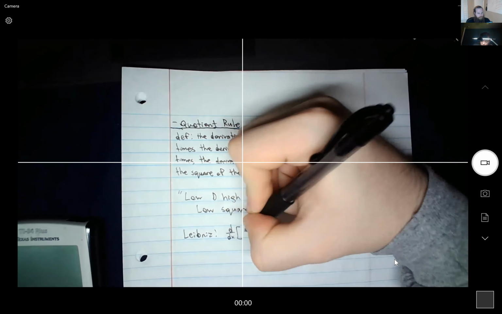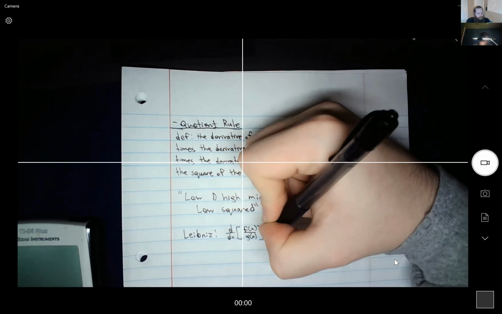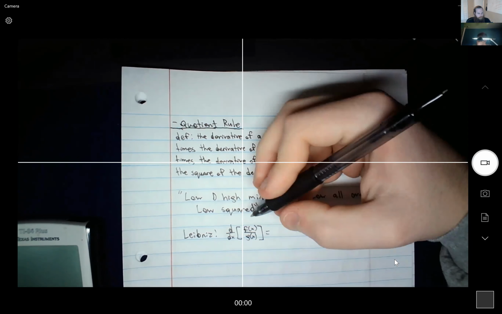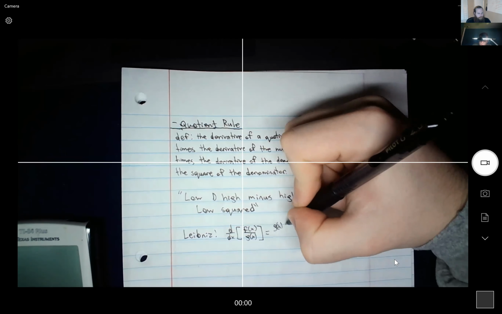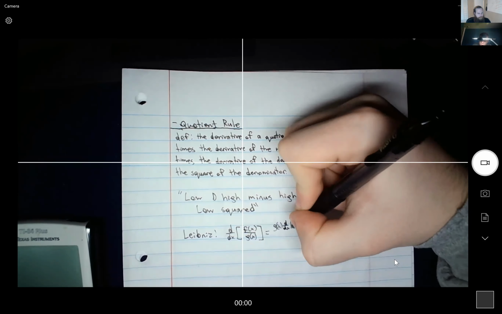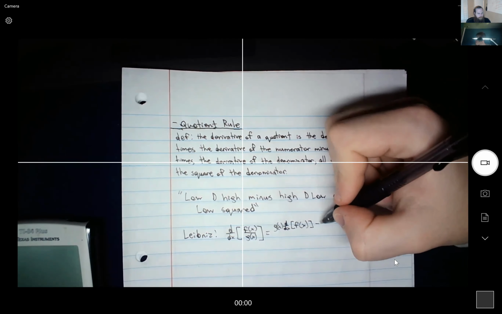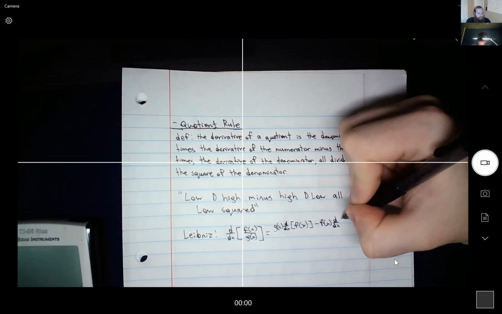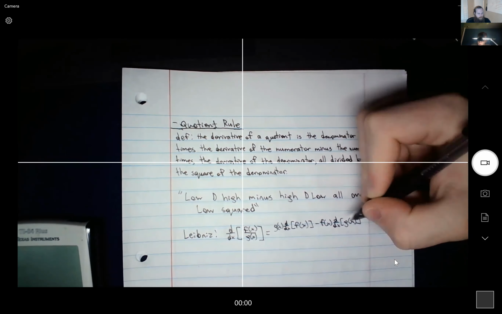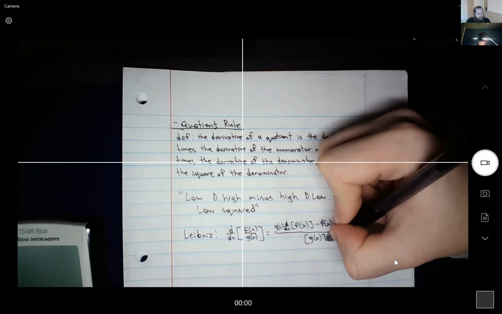That would be d over dx of f of x over g of x equals low, g of x, times d over dx of f of x, minus f of x times d over dx of g of x, all over g of x squared.